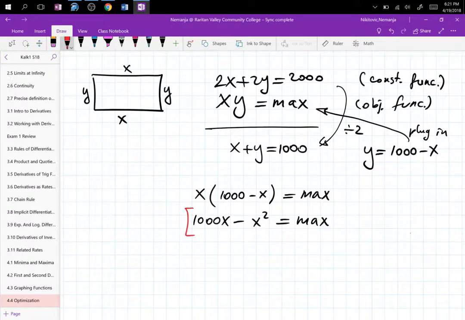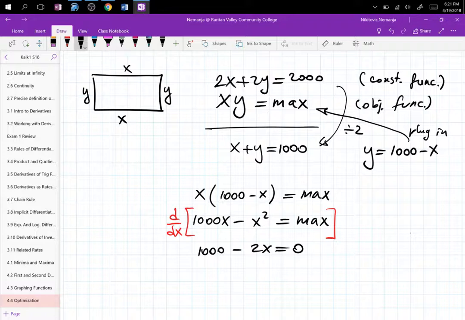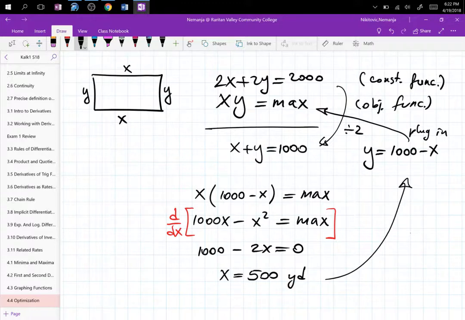And this is where we hit this with the derivative, because we want to find the critical point at which the max occurs. So we have 1,000 minus 2x equals 0. The derivative of a max is 0. And x is 500 yards. Plug in.